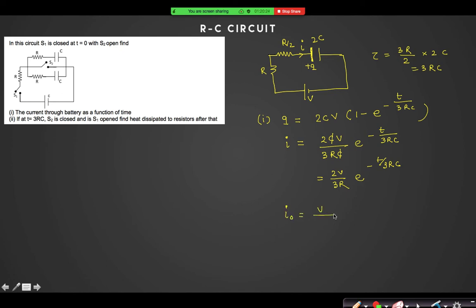Can you tell me? Is it V divided by 3R by 2? Yes or no? Am I audible to you? Yes, sir. And what is tau? Tau is 3RC. So, what is B?